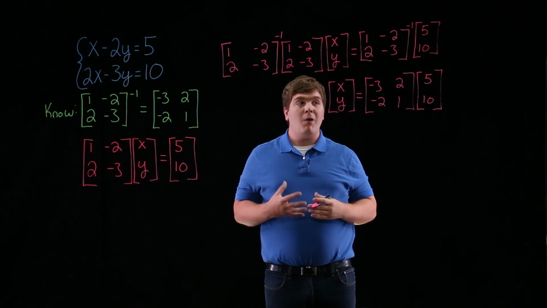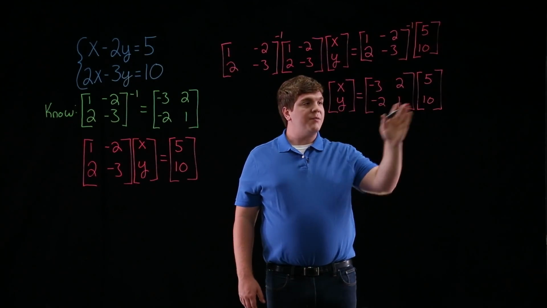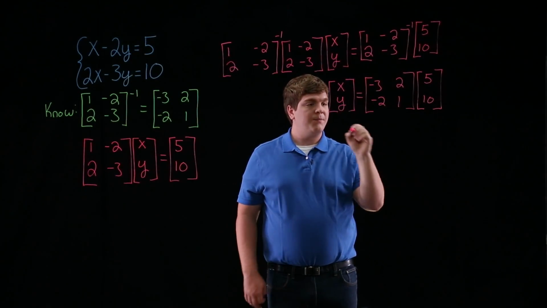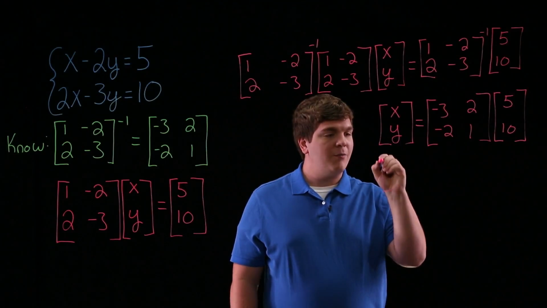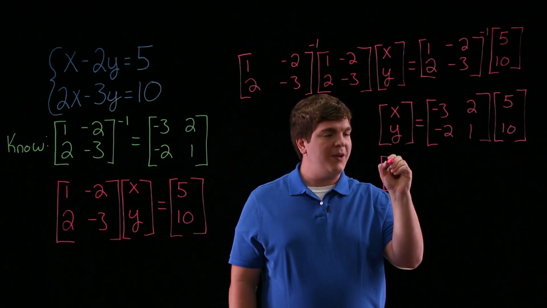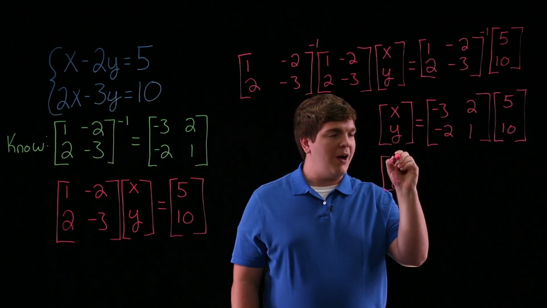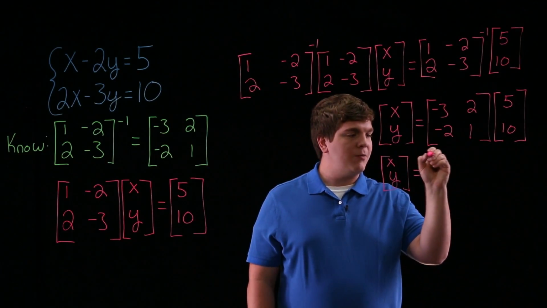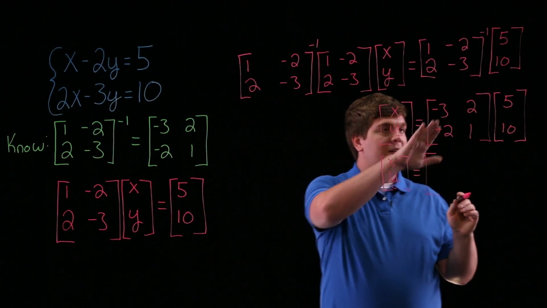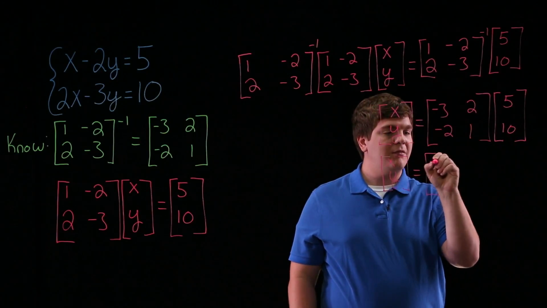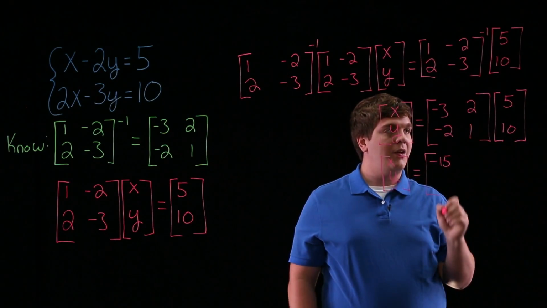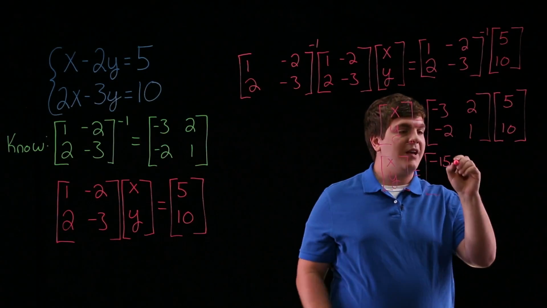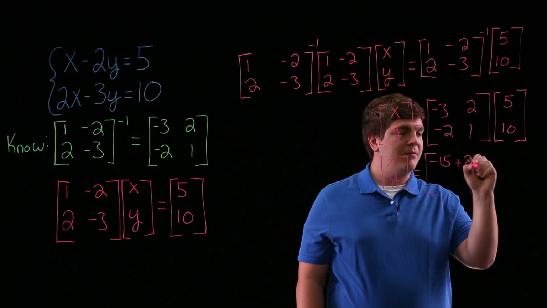Now to solve for x and y, all we have to do is multiply these two matrices. When multiplying, we have the matrix x, y is equal to -3 times 5 is -15, plus 2 times 10 is 20.